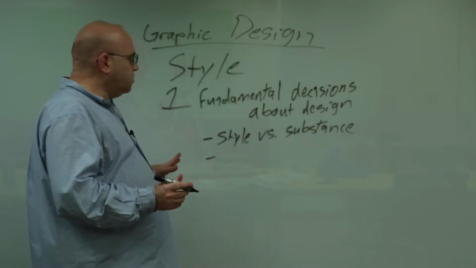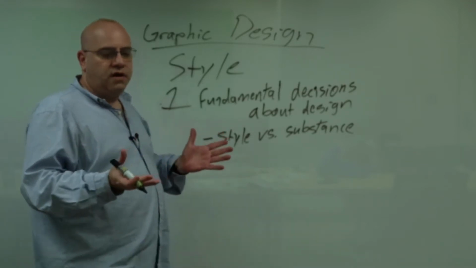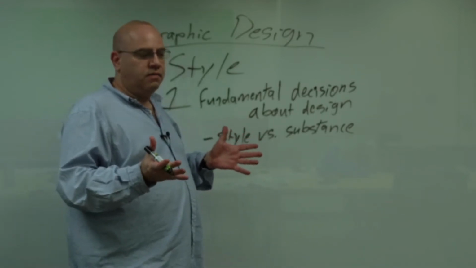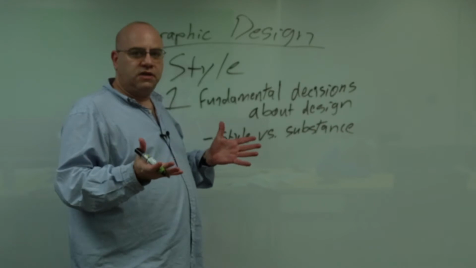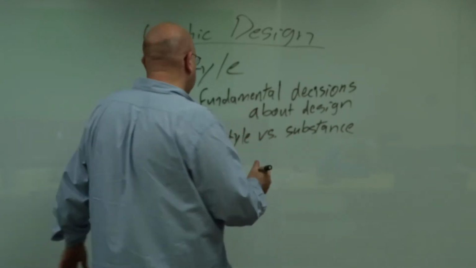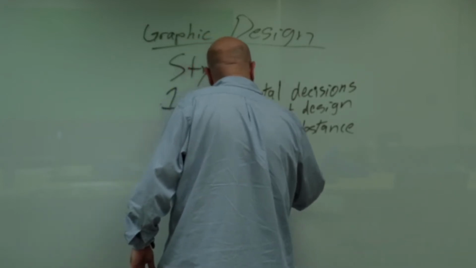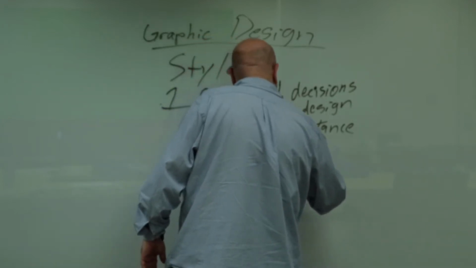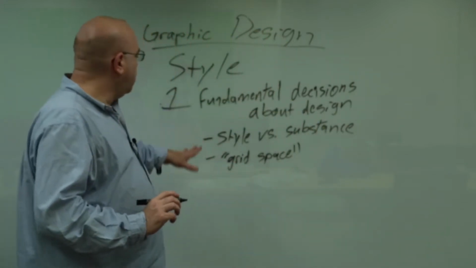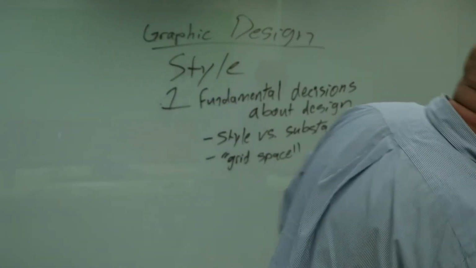And this has to do with basic decisions about what kind of a page or what kind of a medium you're going to be producing a design for and how you use that space. Okay? So we'll call that your grid space. And I'll explain what I mean by that in a minute. But let's deal first with just this whole issue of style versus substance.